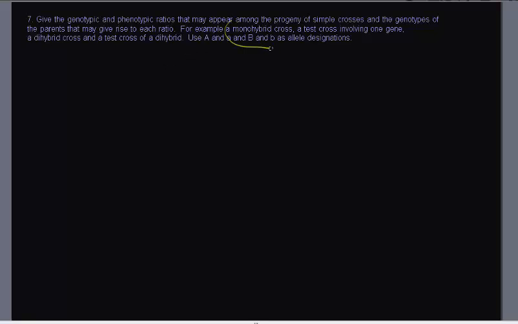a monohybrid cross. Monohybrid cross always means the same thing. Again, we're going to use A and a. So big A, little a, crossed to big A, little a. So that's a monohybrid cross. Monohybrid cross always gives the same thing.